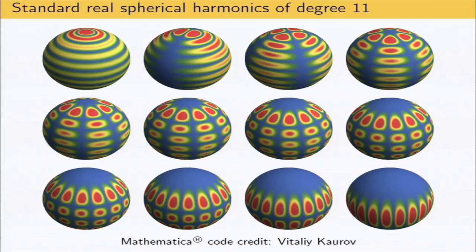Okay, so after this introduction, here are some pictures of density plots of Laplace eigenfunctions on the sphere. Laplace eigenfunctions on the sphere are really restrictions of harmonic polynomials of various degrees.